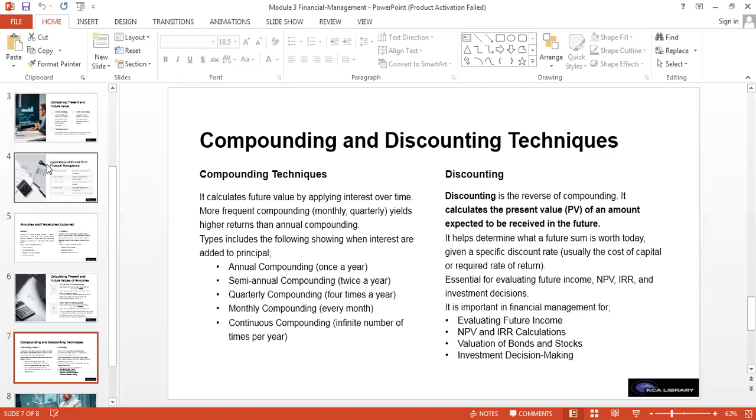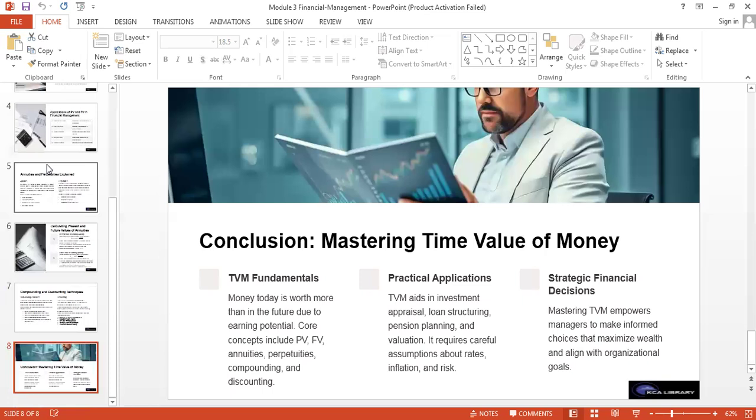How is it important in financial management? It's important in evaluating future income, also for NPV and IRR calculation, also for valuation of bonds and stock, and lastly, for investment decision making. In conclusion, it is very important to look into the time value of money as an investor or a financial manager.